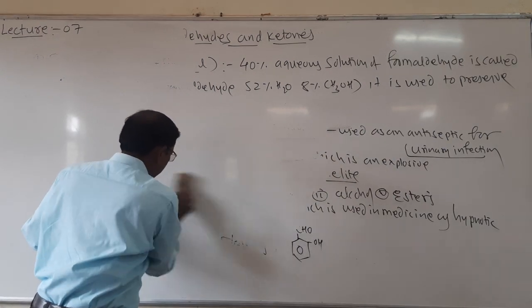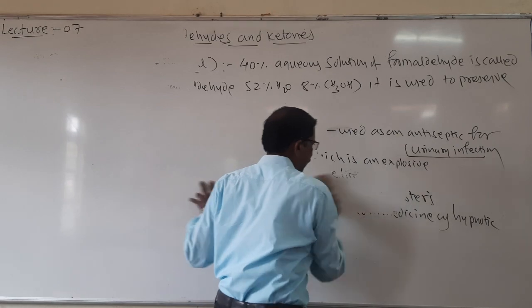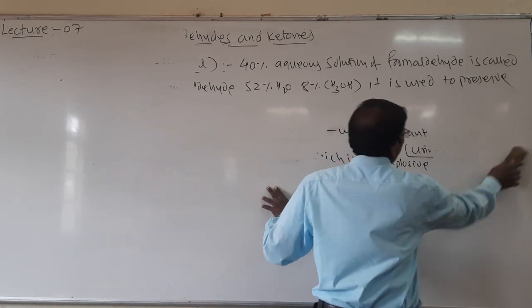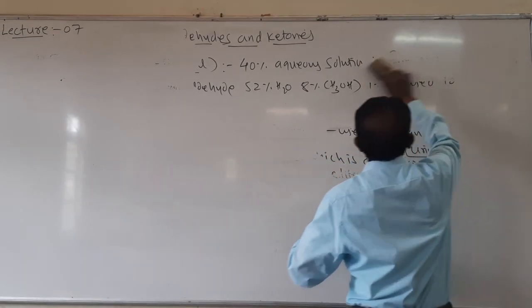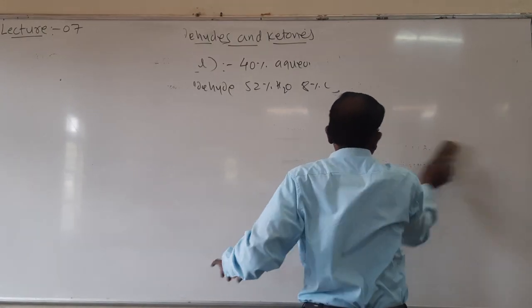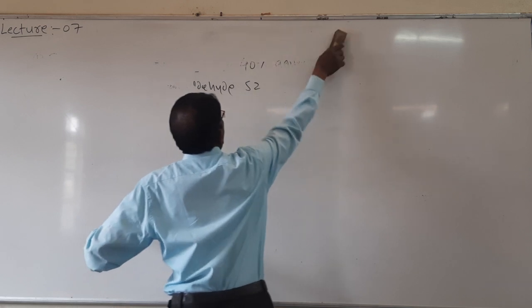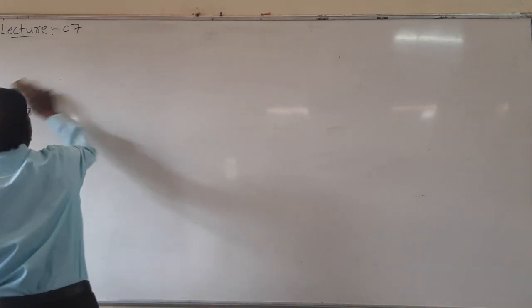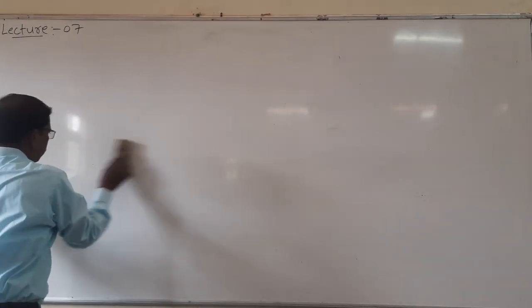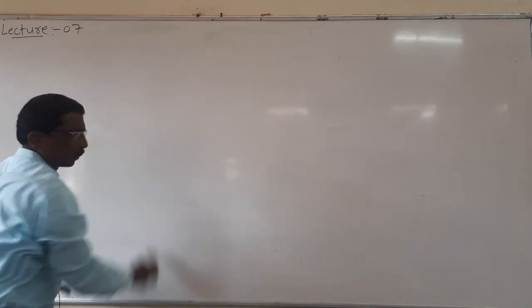Then here aldehydes and ketones are completed, and the last unit is carboxylic acids. So what are carboxylic acids? Look here.